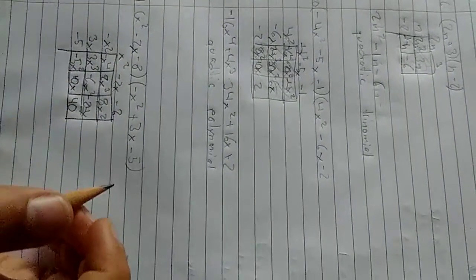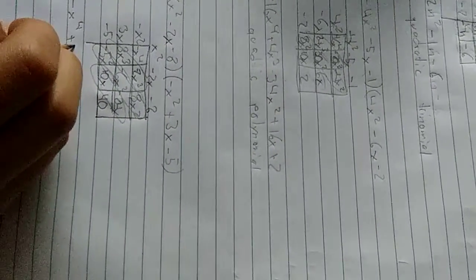So our like terms are mostly diagonal, which we see again here and here. So the biggest one is negative x to the power of 4, so we write that. Then there is a positive 1, x to the power 3.